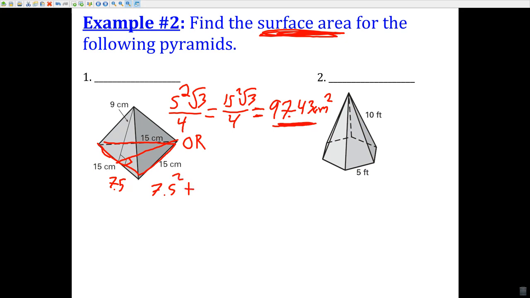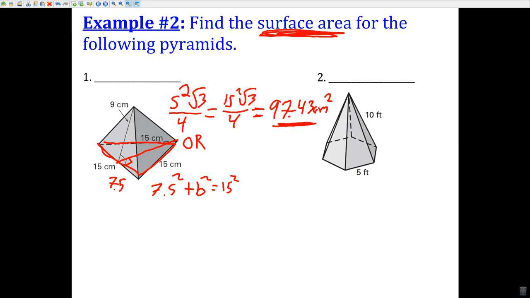7.5 squared plus b squared equals 15 squared. You do all that kind of math there, right? You subtract 7.5 squared from the other side. I got about, I think it was like 12. I don't know if I have it written down.